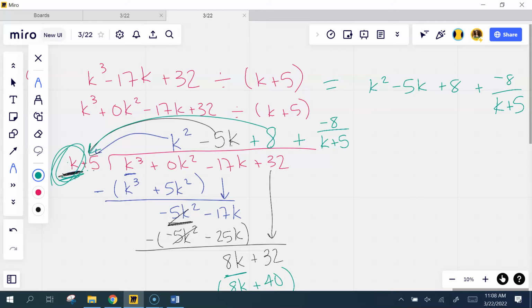You can divide by it with no remainder, right? It goes in evenly. Is k plus 5 a factor of that polynomial? No. Why? I got a remainder. Great work, right? If there's a remainder, it's not a factor. That is, by definition, not a factor, and that's why we couldn't factor it to solve.